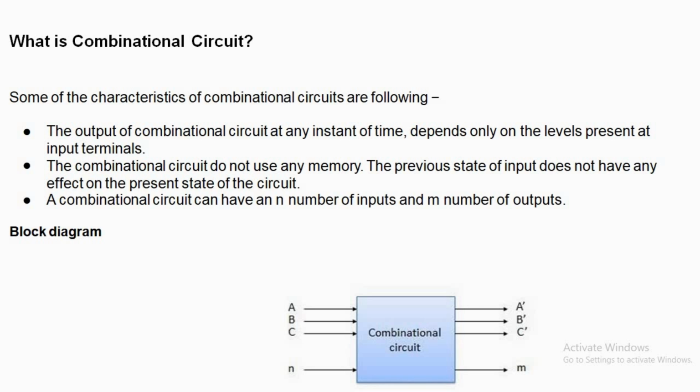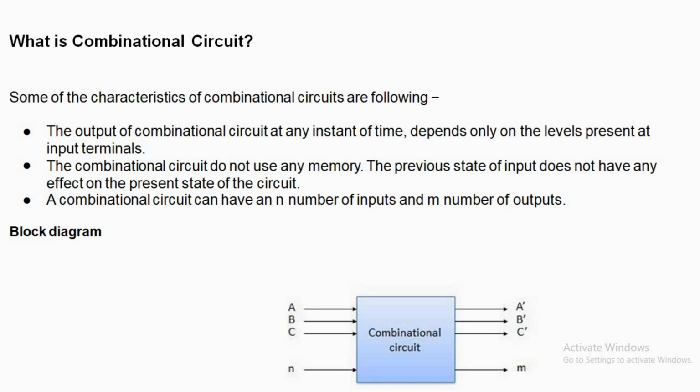The main characteristics of combinational circuits are: first, the output of a combinational logic circuit totally depends on the present input. And second, which is also very important, a combinational circuit does not use any memory.